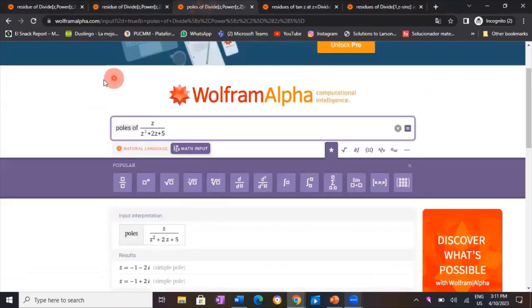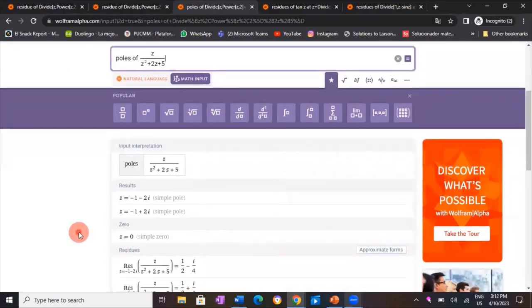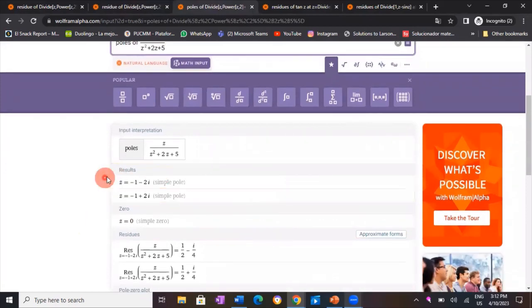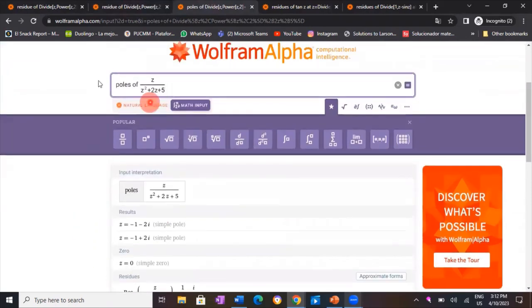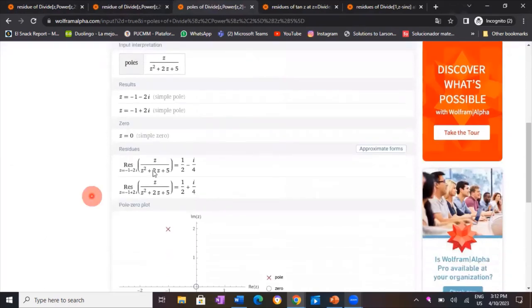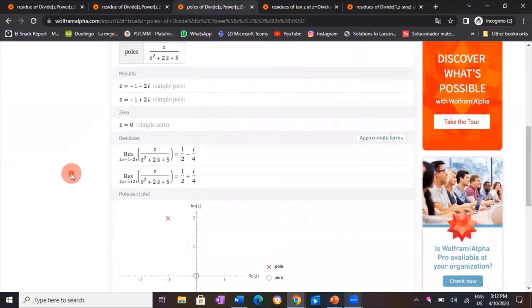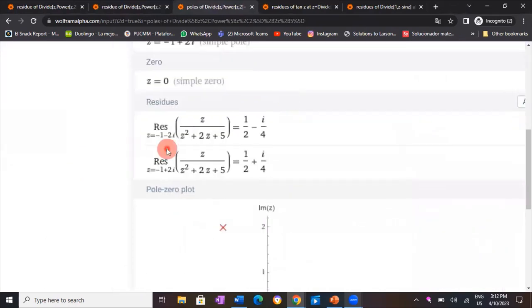Then here, if we look for the poles of our function, we're going to get that those poles are these two simple poles. And even if we didn't type there the residue, the same software is going to give us the residue right here.